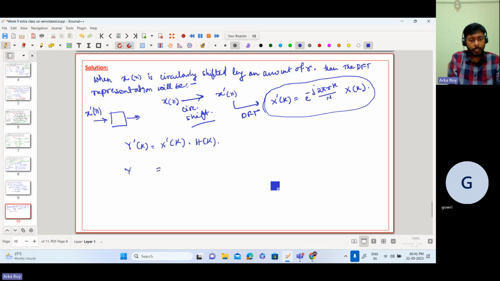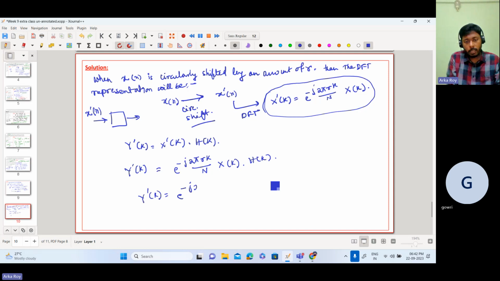So over here, Y'(k) equals e to the power minus j 2 pi r k divided by N, times X(k), multiplied with H(k), so I can write it as e to the power minus j 2 pi r k divided by N, and this will be nothing but Y(k).